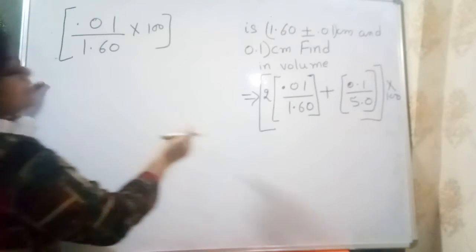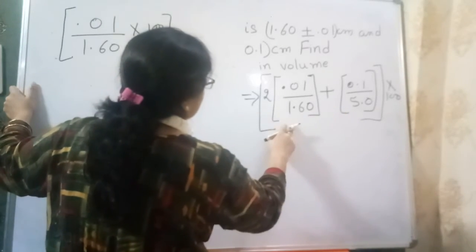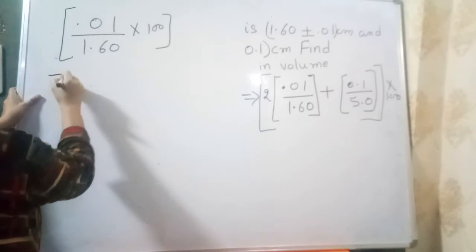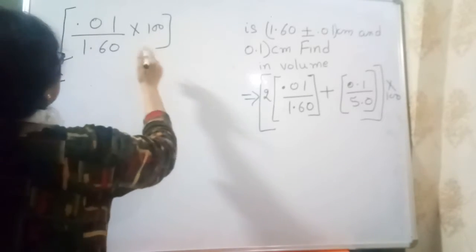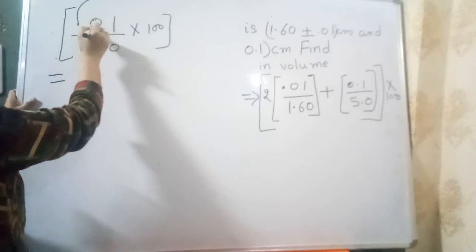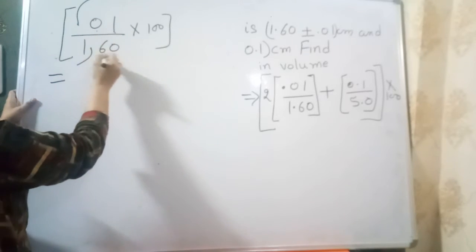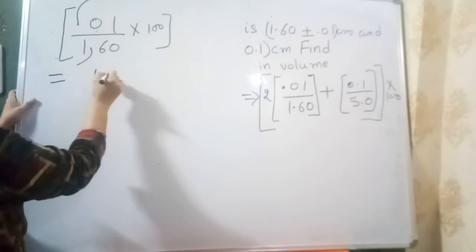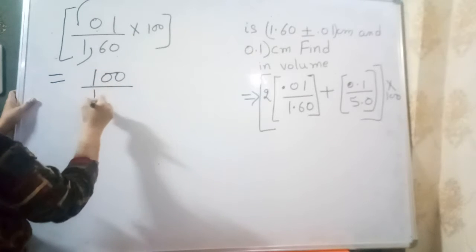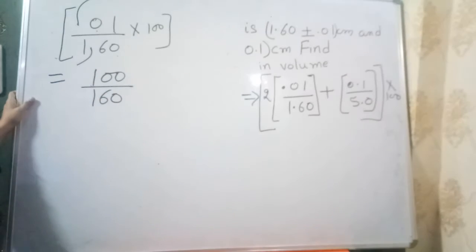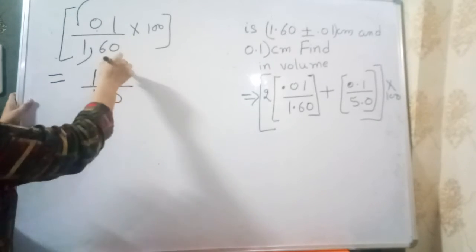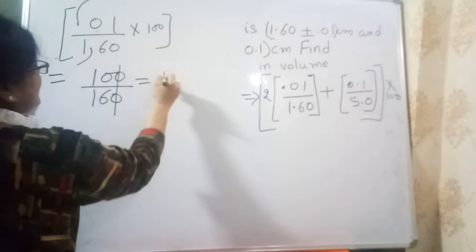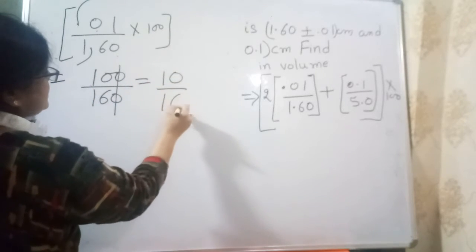This is the height of the cylinder and this is the diameter of the cylinder. Now when we multiply it, firstly just remove this decimal, 1, 2 and this decimal, 1, 2. So it gets removed. We have 100 over 160. Do simple calculations, don't make it complex. It gets cancelled. We have 10 over 16.